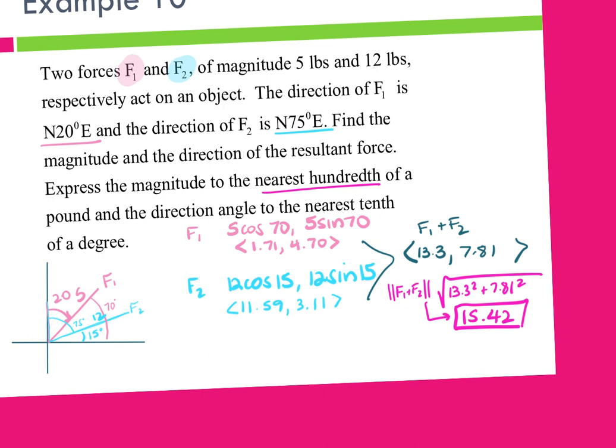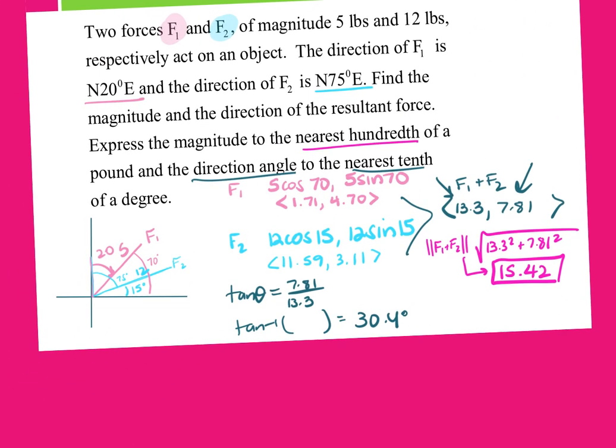And for the directional angle, the tan of theta equals the change in y, 7.81, over the change in x, 13.3. And I'm going to inverse tan that. So second tan of 7.81 divided by 13.3. And I get theta is 30.4, and this time around to the nearest tenth of a degree.